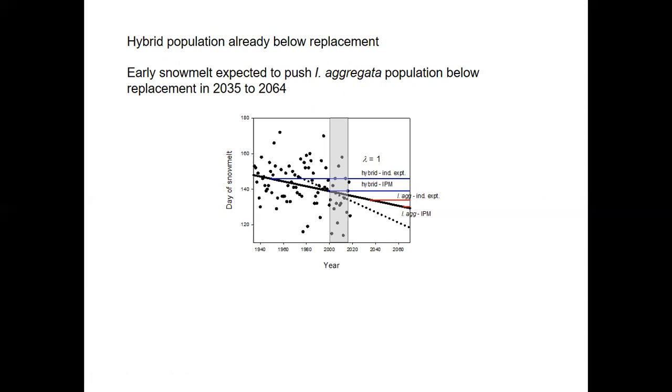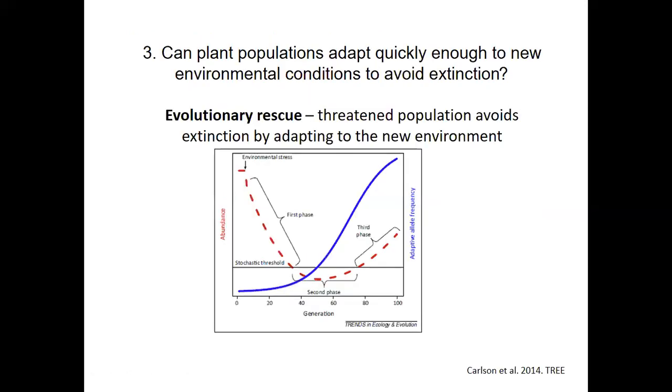And that population is expected to be below replacement starting back in year 2000. So it's already below replacement. For Ipomopsis aggregata, that would occur somewhat later, but sometime between 2035 and 2064.